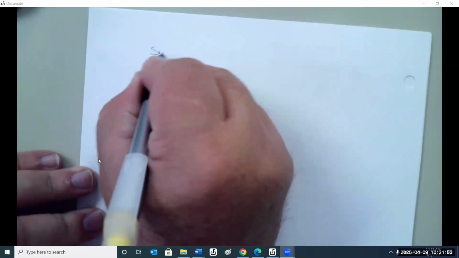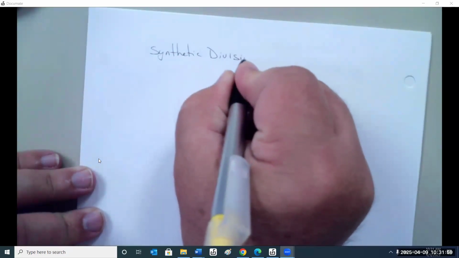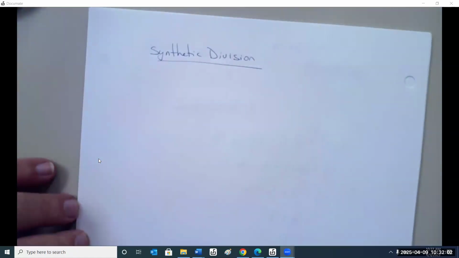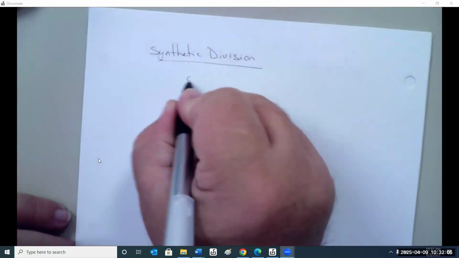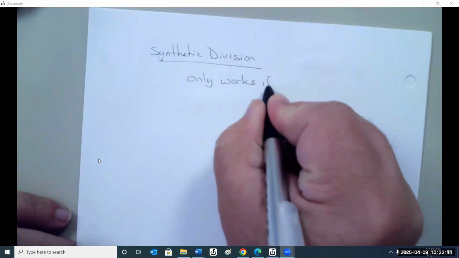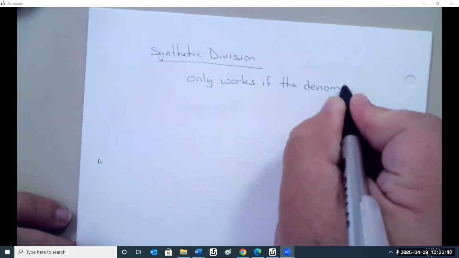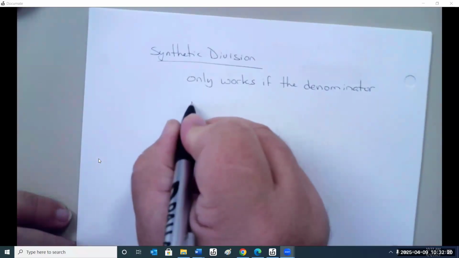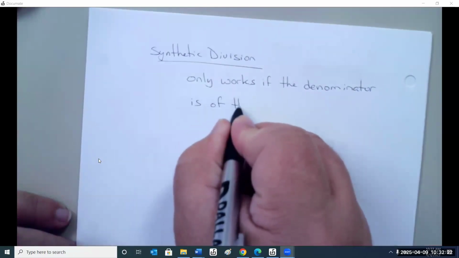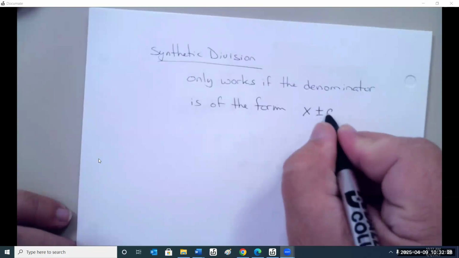Now, a faster method. Synthetic division only works if the denominator is of the form x plus or minus some number.